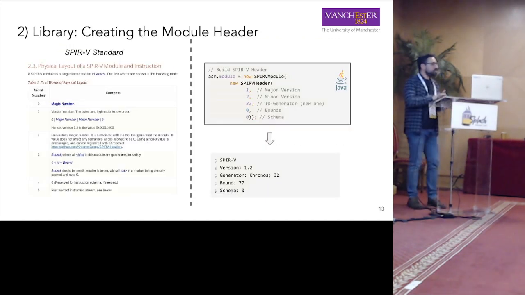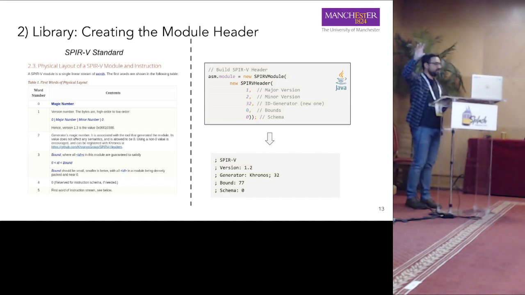So let's talk about how the library looks, because we say it's functional and it's composable. Well, that's what I believe. The thing is, if you know what to generate, that's the key part. You have to know. But if you know what to generate, it's very easy to compose, to build a SPIR-V module. Let's say a SPIR-V module: the standard tells you to start with a header that has the magic number, a version, a bound, and a schema.